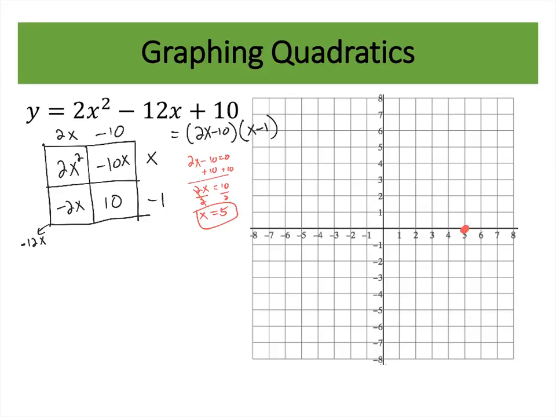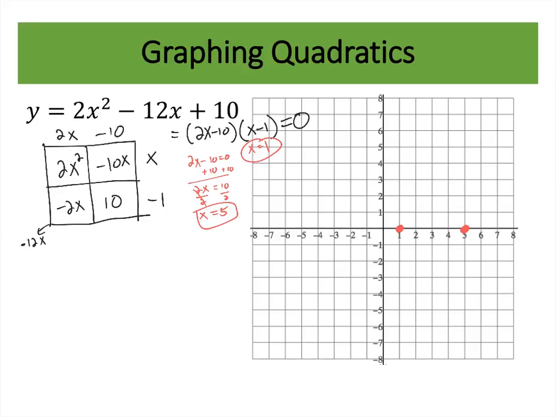X is 5, and then x has got to be 1, and that will be my other point, because if x is 1, then 1 minus 1 is 0. So we're using this idea of the zero product property, setting this equal to 0 to determine the roots. So I found the x-intercepts.